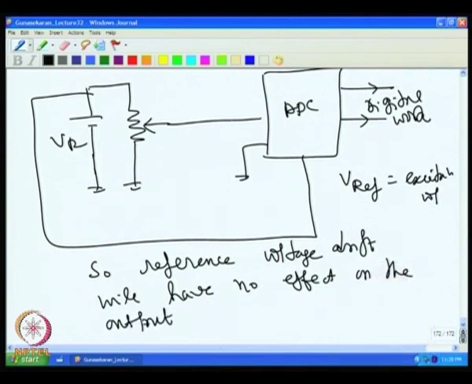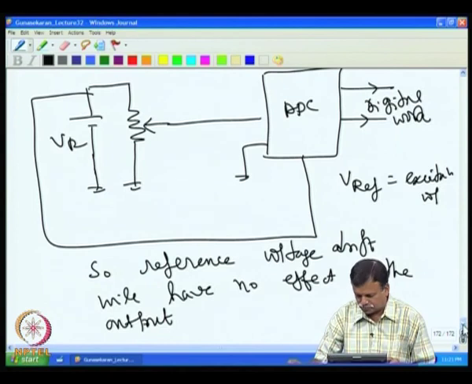Now of course the other errors will still be there, the offset voltage drift and gain error, all that will be there, but the reference drift, which is a major issue, particularly for 16-bit converters, can be removed by going for the ratiometric conversion. But it is not possible all the time to go for ratiometric conversion. Wherever possible, one can go for a ratiometric conversion to avoid the error due to the reference voltage drift.